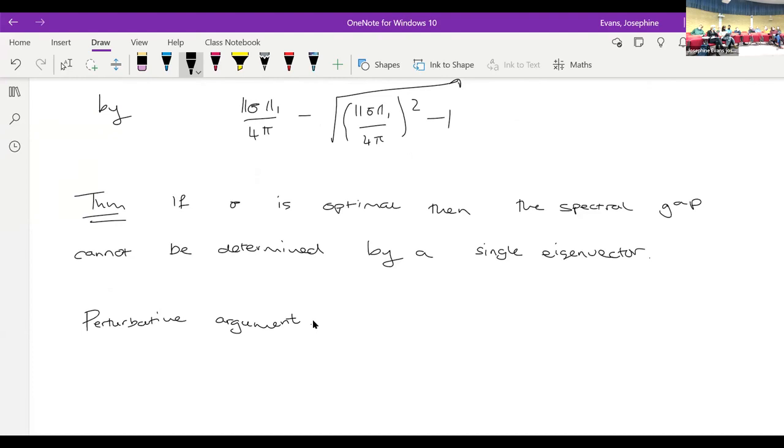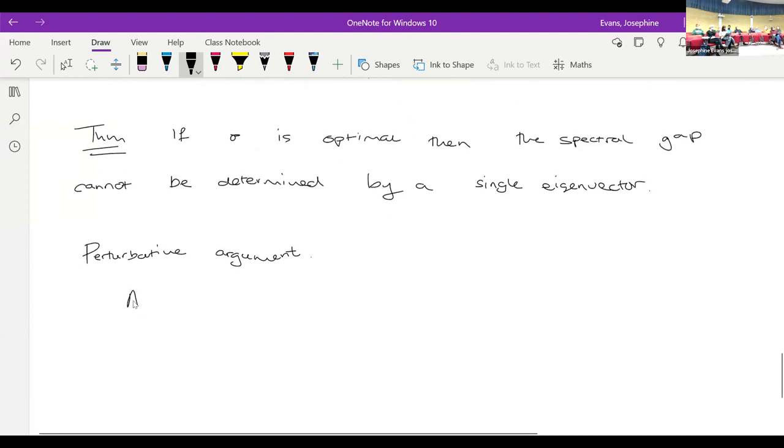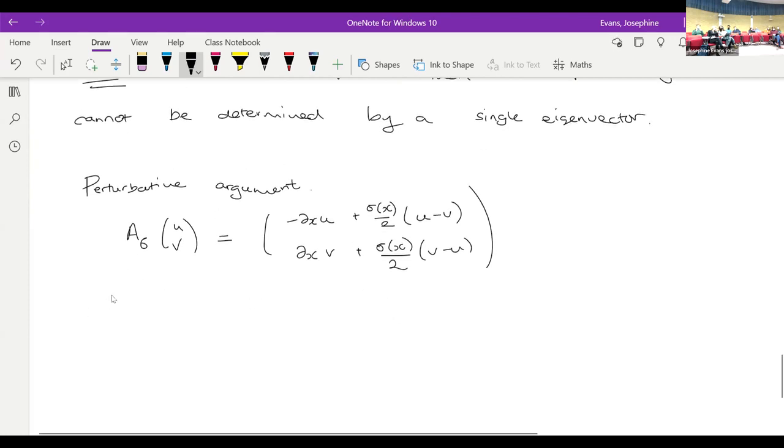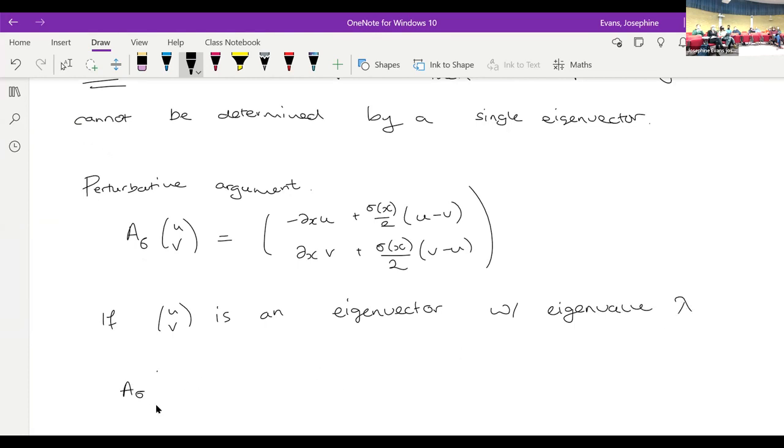So basically, if we call A sigma the operator that's like minus dx of u v, then if u v is an eigenvector with eigenvalue lambda, we have A sigma u v is equal to lambda u v.